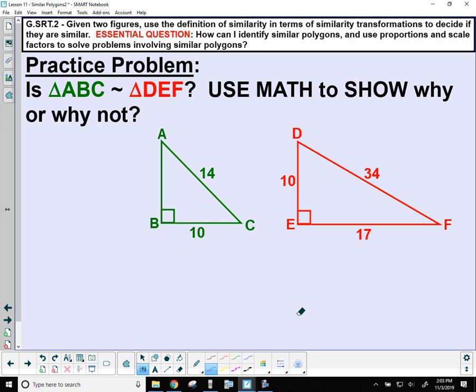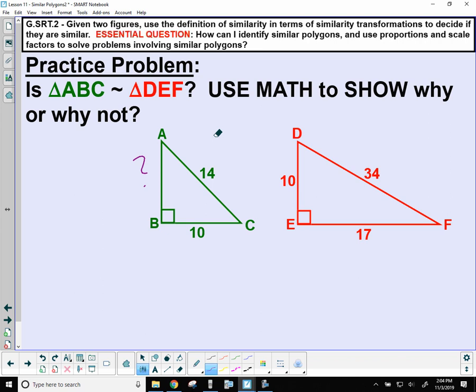Yeah, I hear you. Where's this side? You can use the Pythagorean theorem to figure this side out. But let's just check these sides to see if they're even similar. If they are, then we'll check that one. Not similar, but congruent. Flipping between proportional and congruent, yeah, it gets pretty annoying, I know.